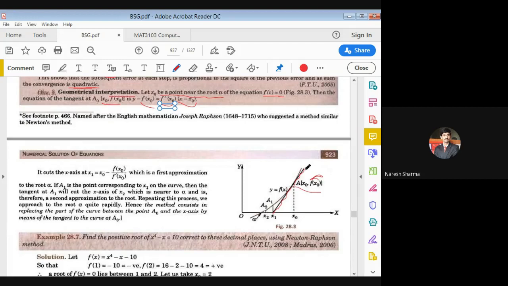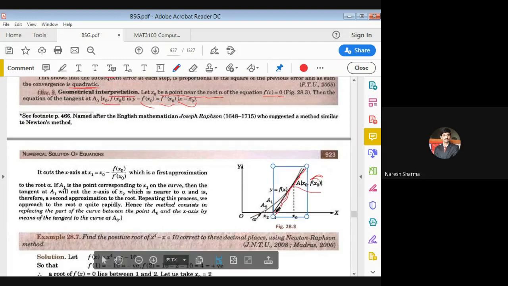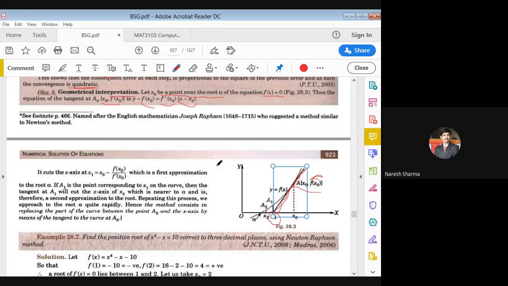And we know that this tangent line cuts the x-axis at x1. So touching the x-axis at x1 means the value of the function there is equal to 0.